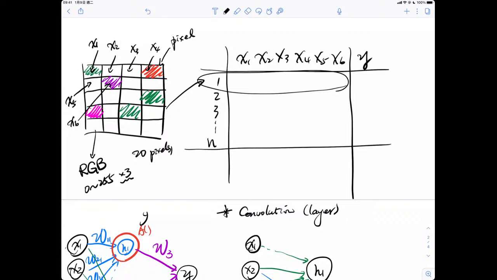And in this case, usually we believe that the color of a pixel and its neighbors are meaningful.